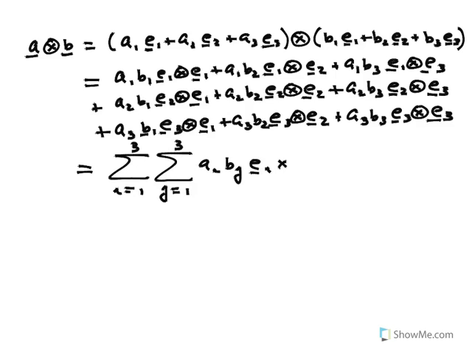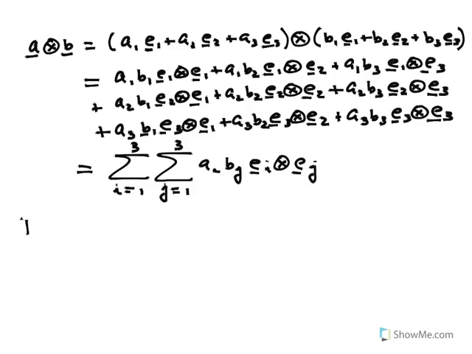Now you can see that in the process of this, the tensor product between A and B can be written in terms of these quantities EI circle cross EJ.